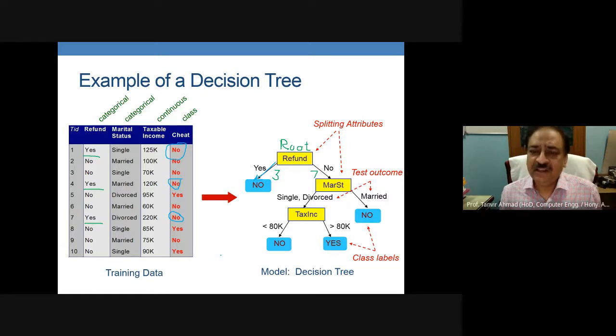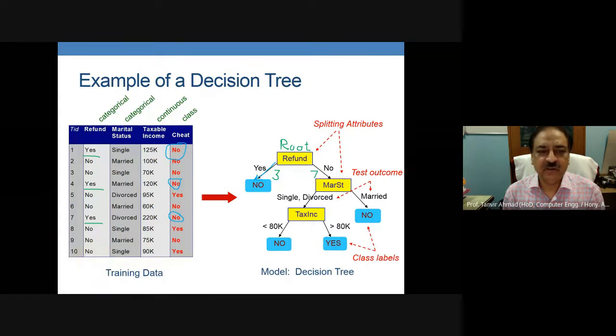Now, when I take refund equal to yes, it generates a pure partition. But if I say refund is equal to no, let's check it out. There is a no over here, a no, here also a no, there is a yes, there is a no, yes, no, yes.